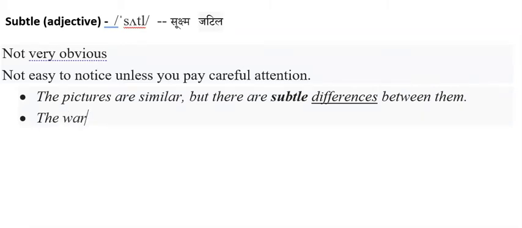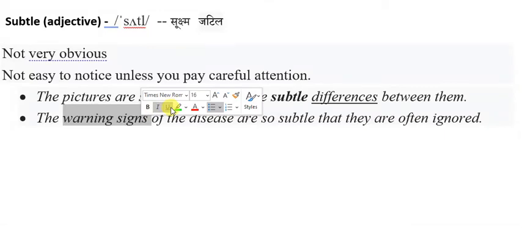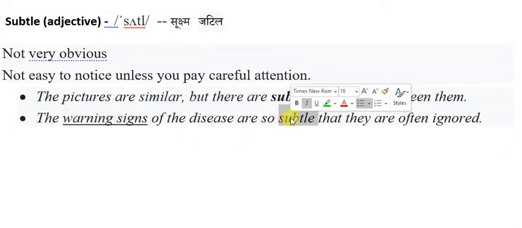Okay, so let's consider another example. The warning signs of the disease are so subtle that they are often ignored. Okay, so that means warning signs, this is the noun, and the warning signs are subtle.